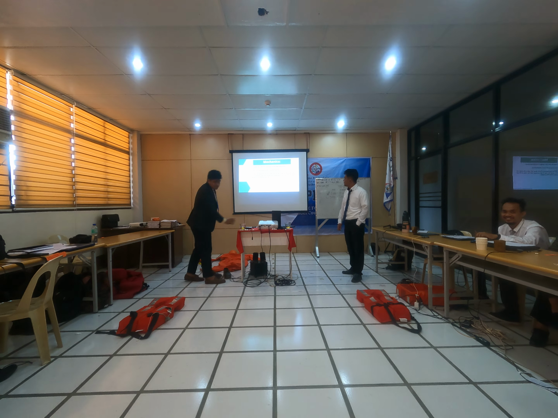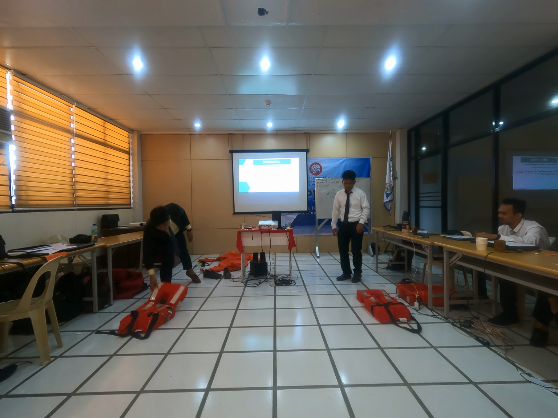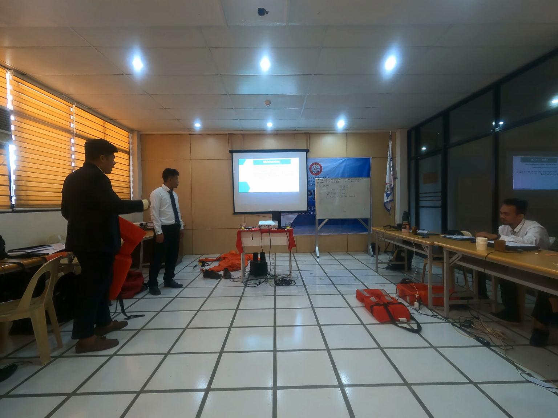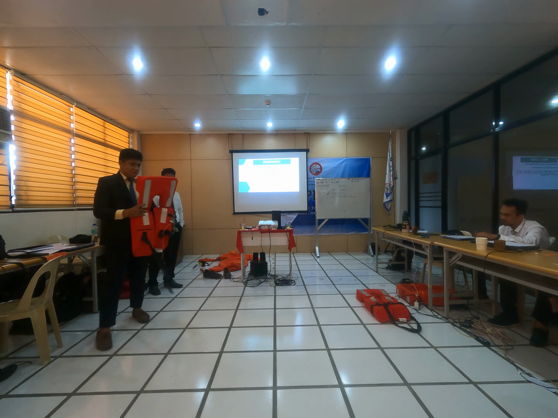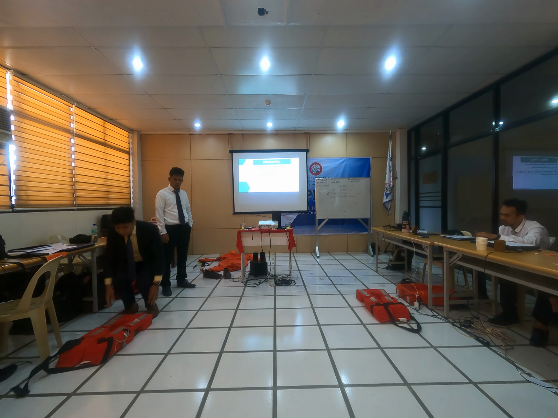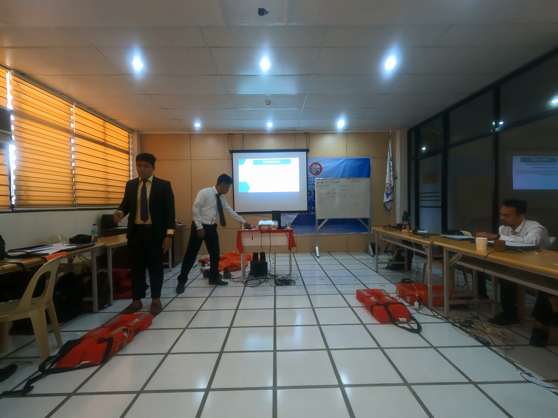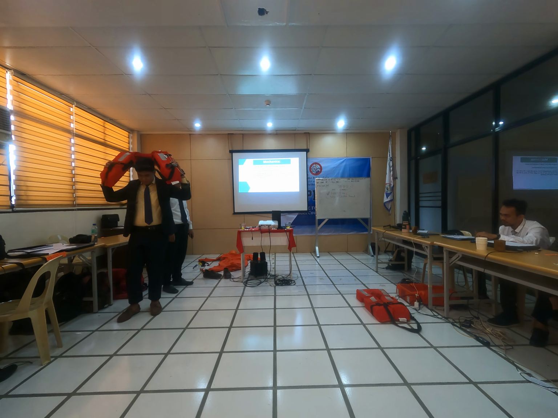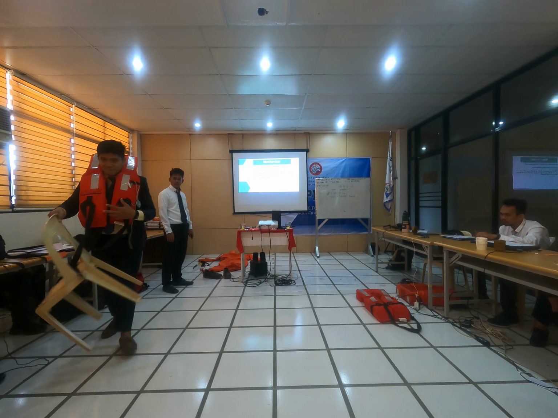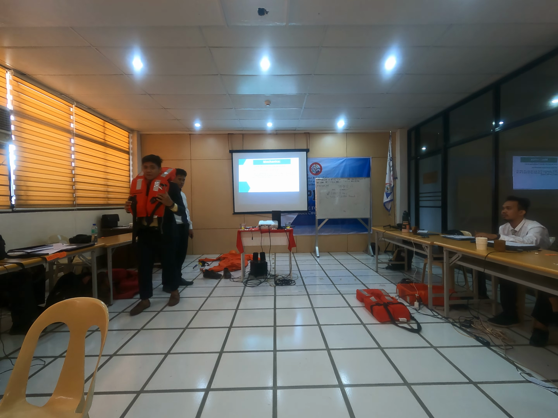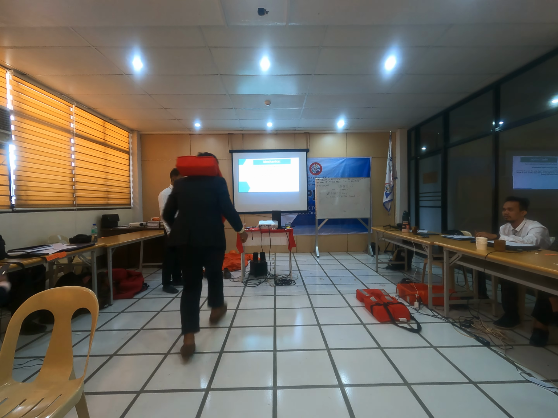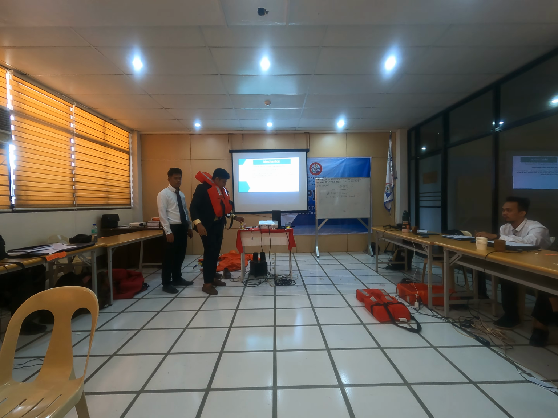So this is what's going to happen. First, you will line up, group 1, group 2. So 1, 2, 3, 4, 5, 6. Number 1, after the game begins, will wear the life jacket. After he wears the life jacket, he will run, turn around the chair, and pick 1 paper.